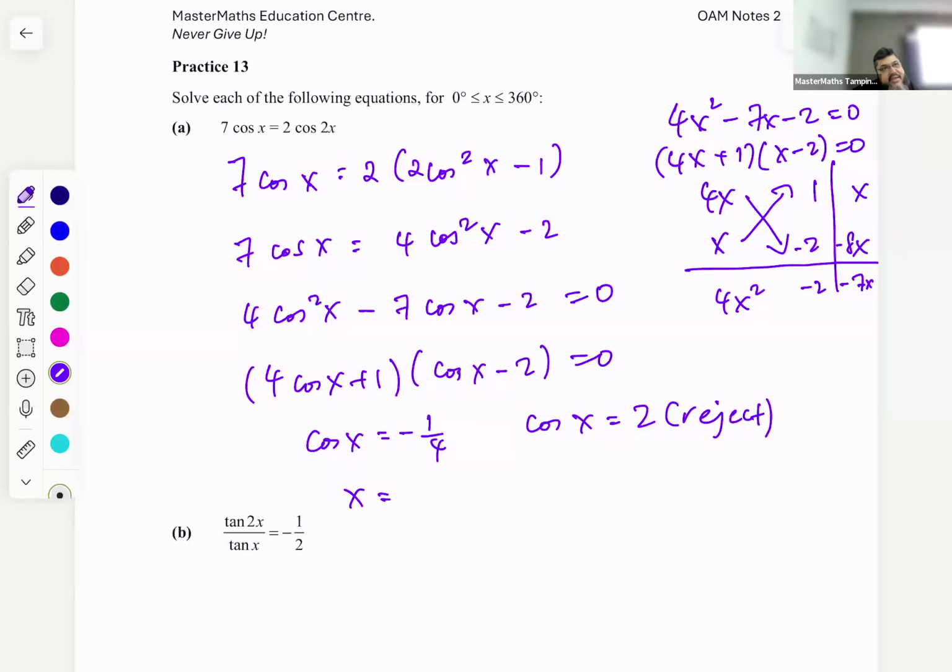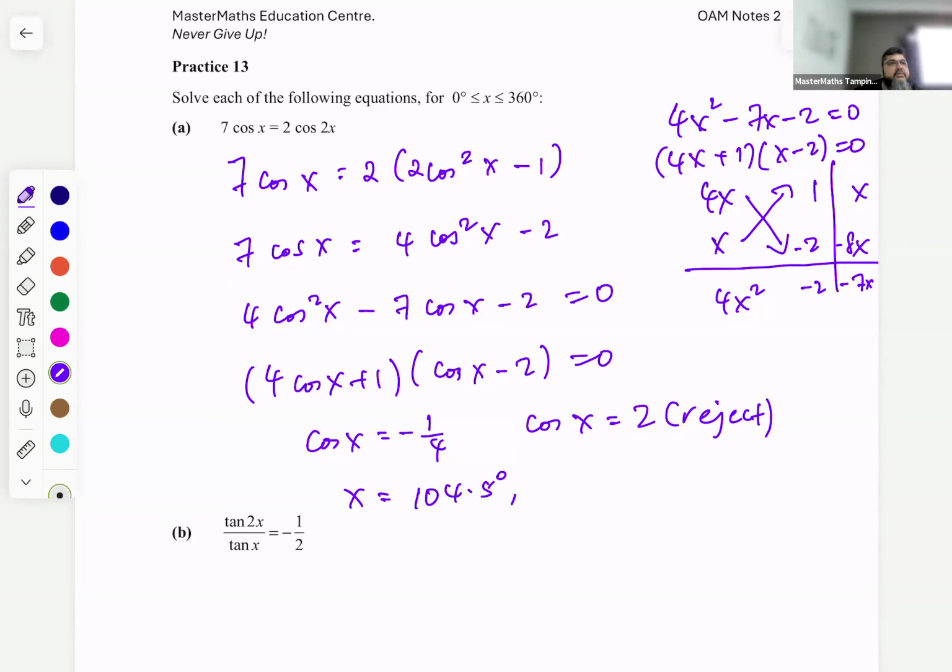You can get all the answers. So 180 minus 75.1. What is it? 104.